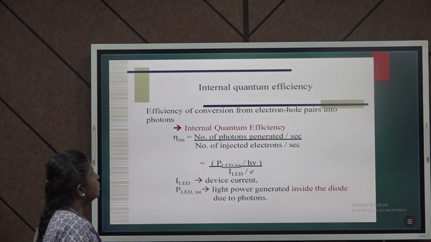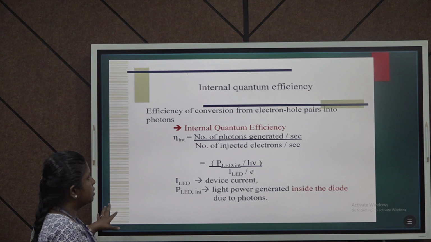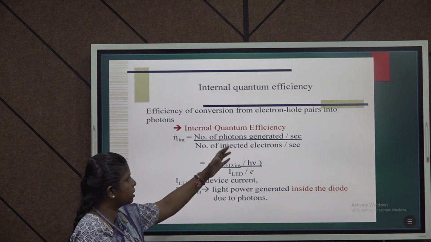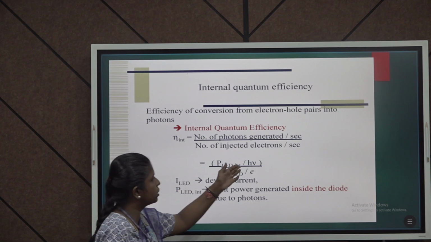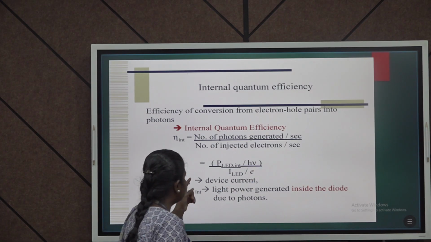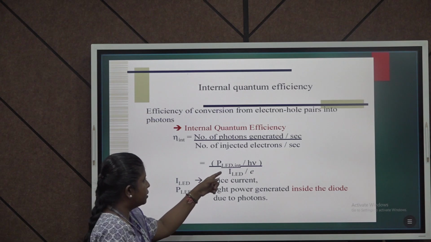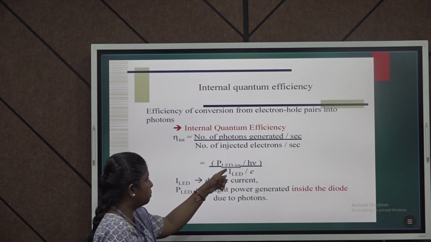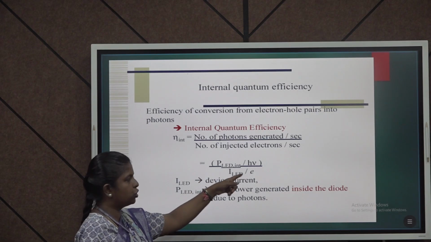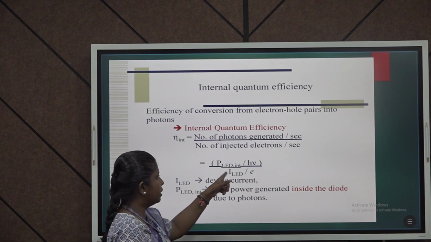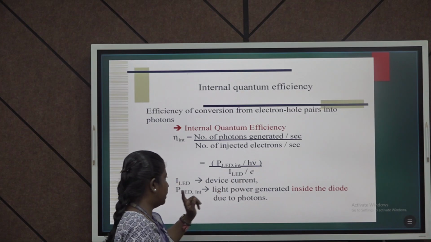And similarly, the internal quantum efficiency is the number of photons generated per second divided by the number of injected electrons per second, that is, P internal divided by h nu, divided by I LED divided by the electron charge e.